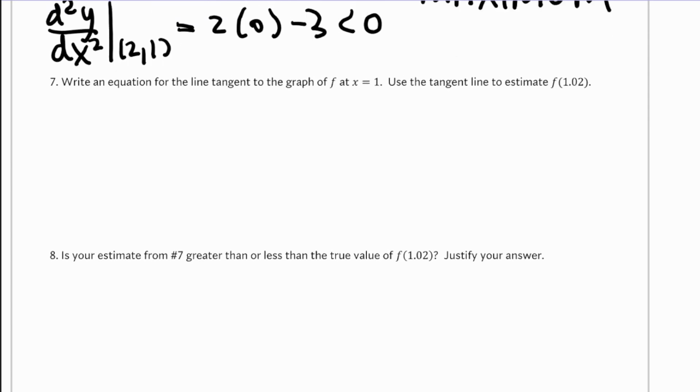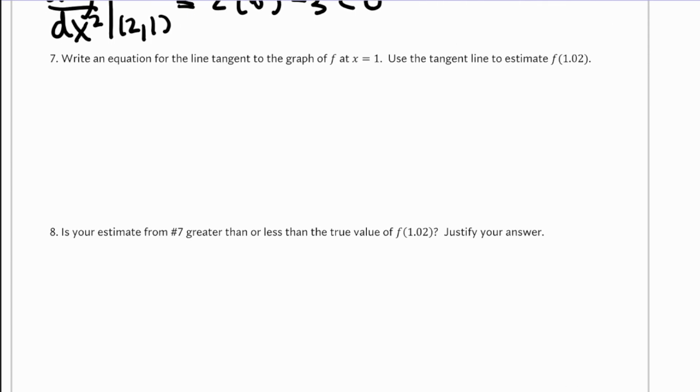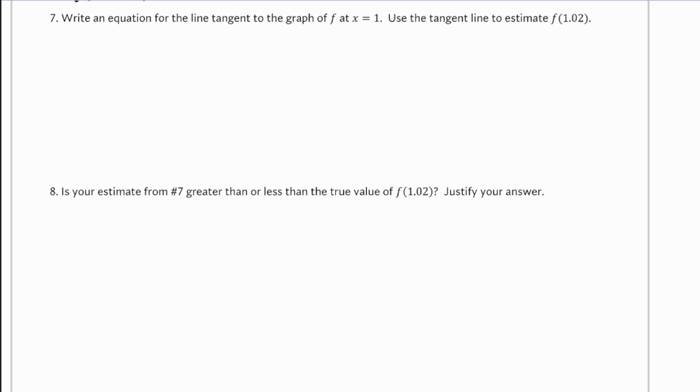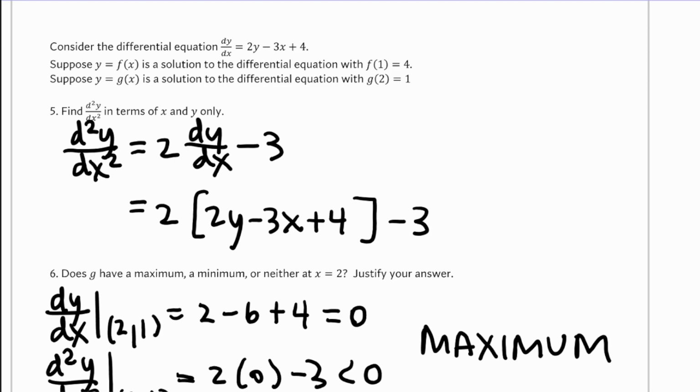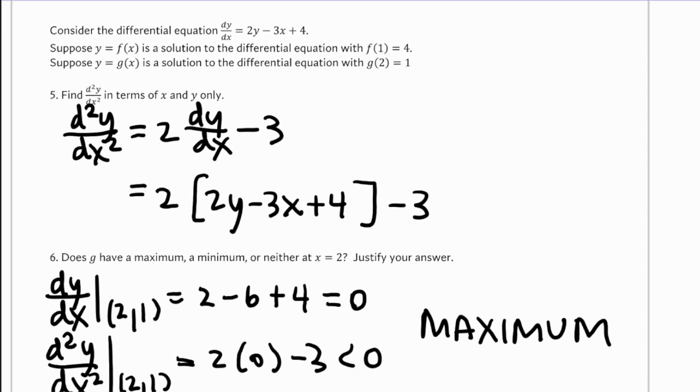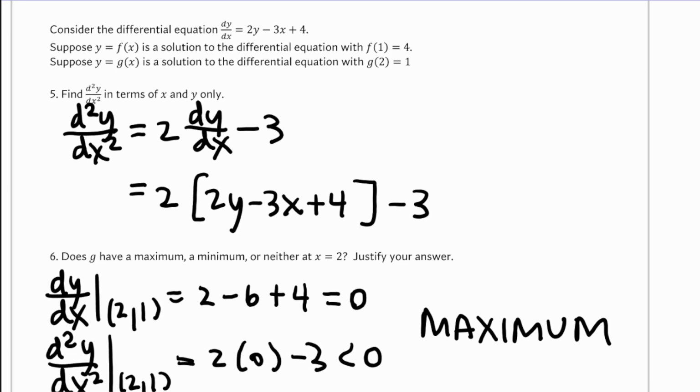Now we're going to write an equation for the line tangent to the graph of f at x equals 1. We're going to need information about a point and a slope. So the point is going to be 1 and 4. And then the slope, we have not done that yet. I'm going to do that off to the side here. dy dx at 1 and 4 is equal to 2y minus 3x plus 4.